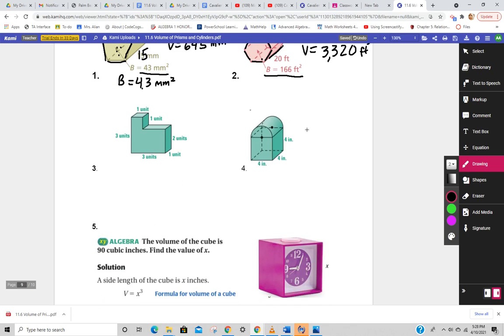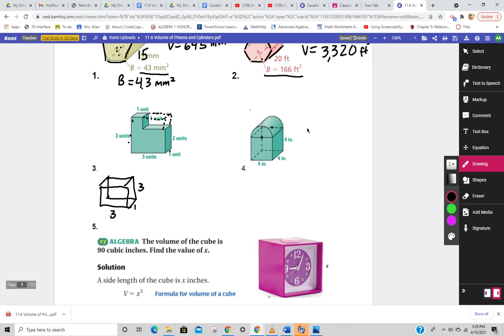All right, so to find the volume of this solid here, a part of it has been cut out. We can look at it as if nothing was cut out, the whole thing. One side is 1, and this side is 3.